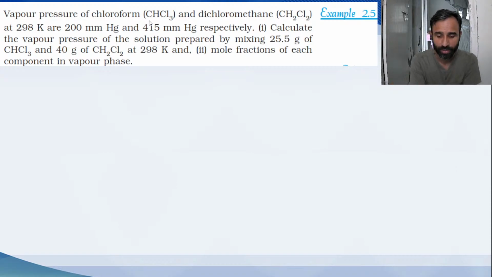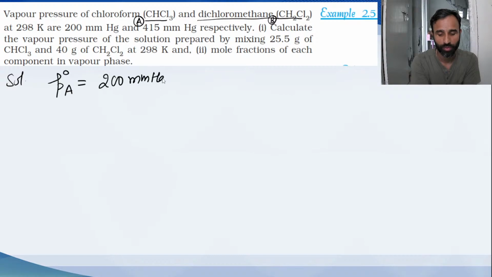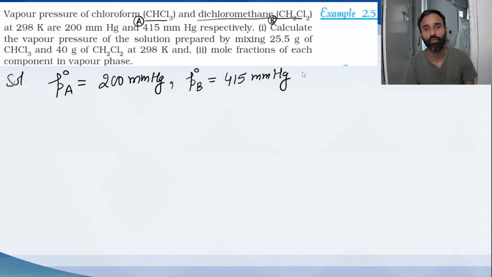So let us say that's chloroform as A, take it as A, and dichloromethane as B. So P naught A is equal to 200 mm of Hg, P naught B equal to 415 mm of Hg.